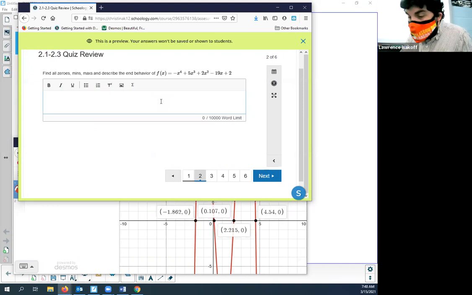Just sit and type these ones. Oh, I did not title it. These are my zeros. Negative 1.862, comma 0.